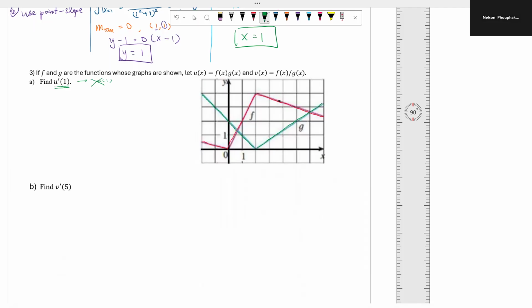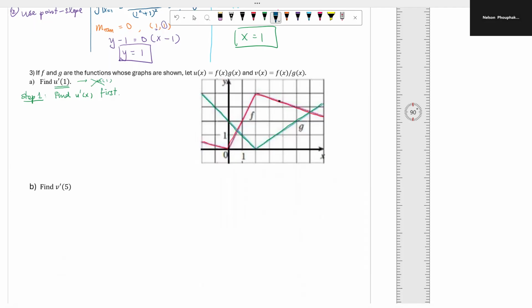So if I want to find u prime of 1, what is my first step? I need to find u prime of x first, okay? And then after we find u prime of x, we replace x with 1 and work out the problem this way, okay?